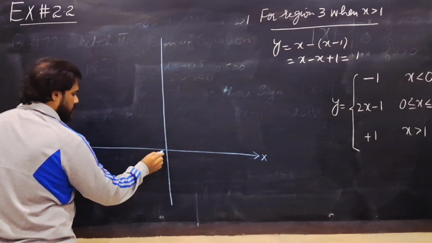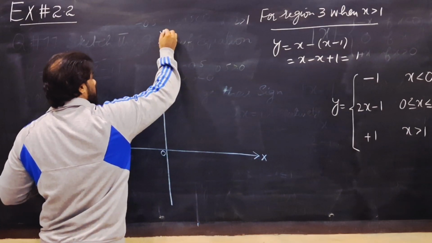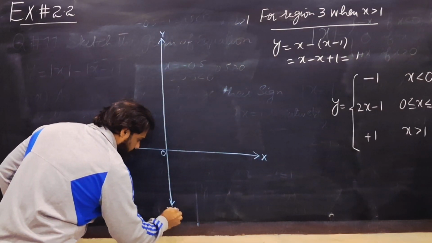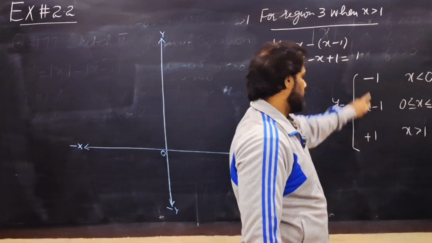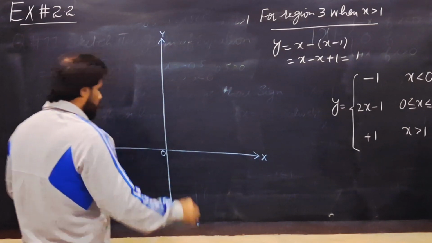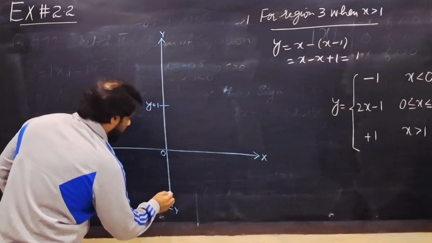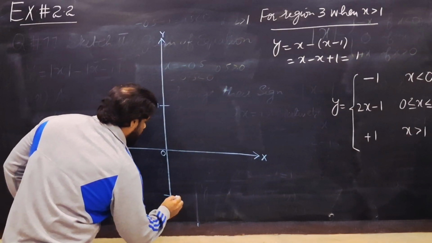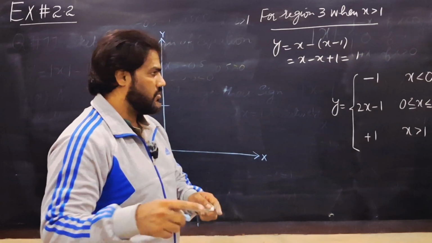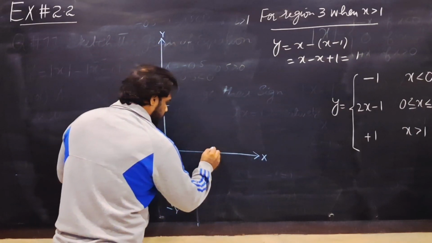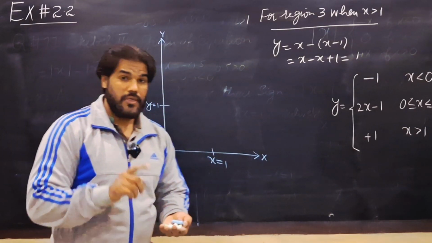Positive x, this is origin, this is negative x, this is my positive y, this is my negative y. The minimum value of y is minus 1 and maximum is plus 1. So this is y is equal to 1 and this is suppose y is equal to minus 1. As our x is about x is equal to 0 and 1, so take x is equal to 1 here and this is x is equal to 0. Now we draw the graph in 3 parts.